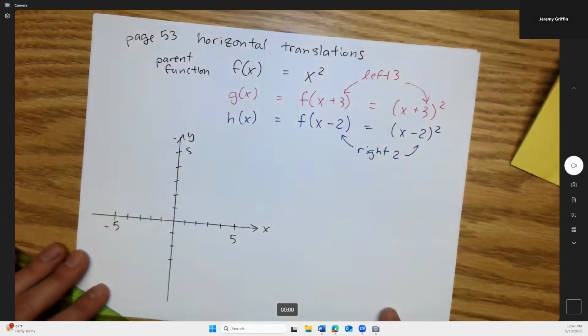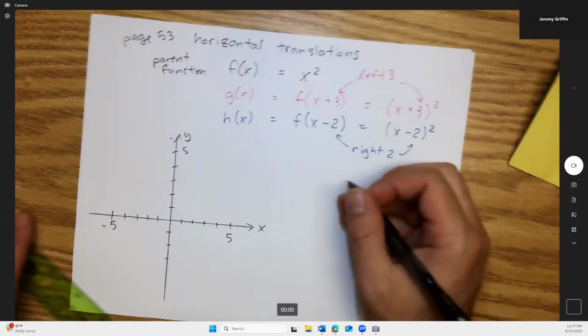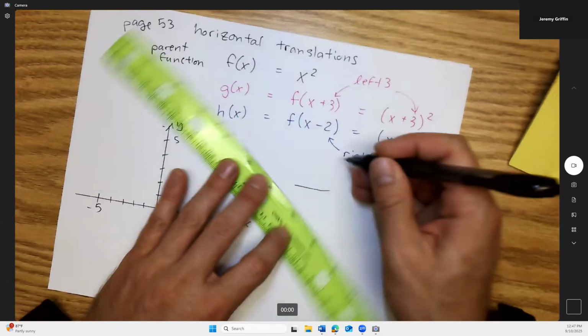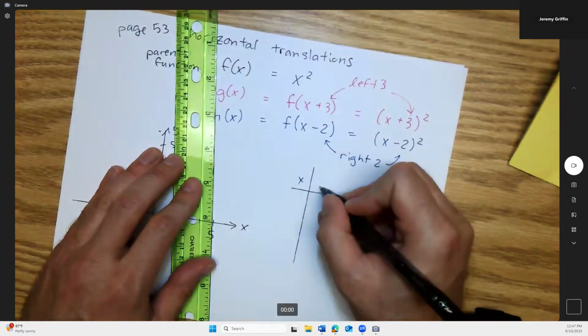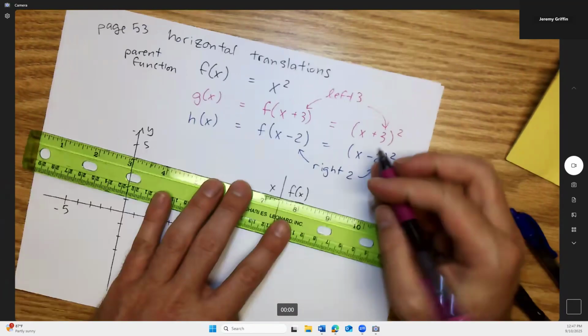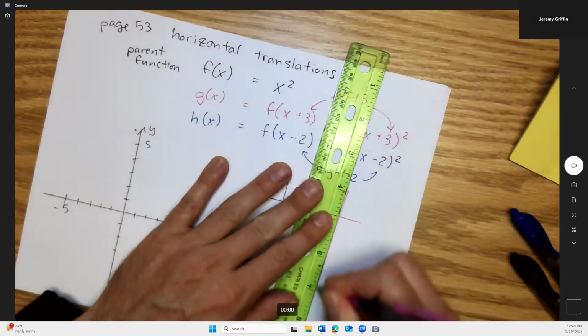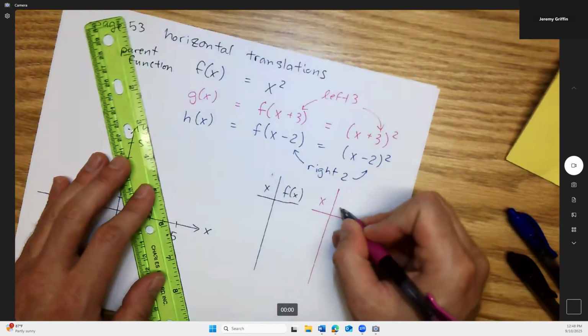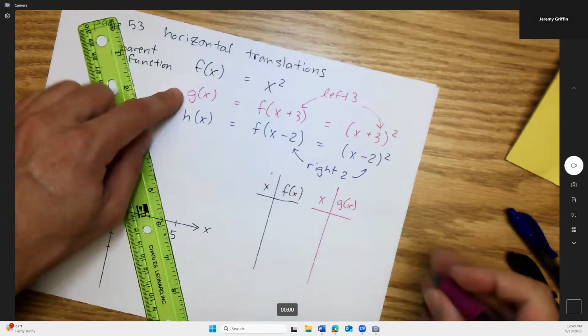Okay, let's do it. f of x equals x squared. Set up some tables. Let's do an x and f of x table. I'll need this anyway later. Let's do an x and g of x table for this one.